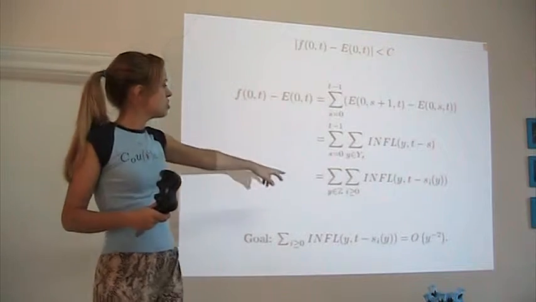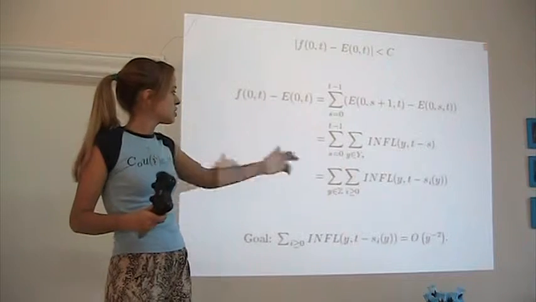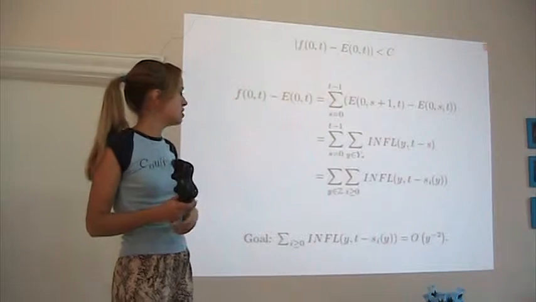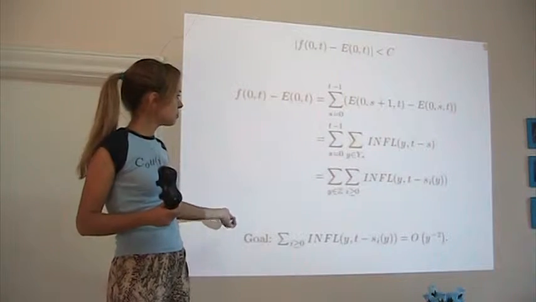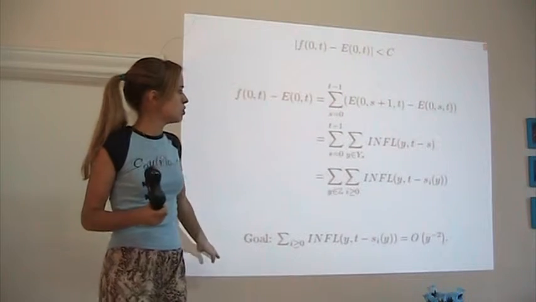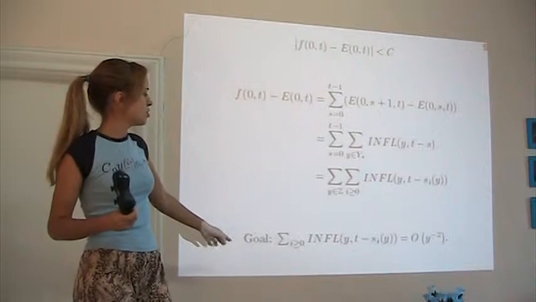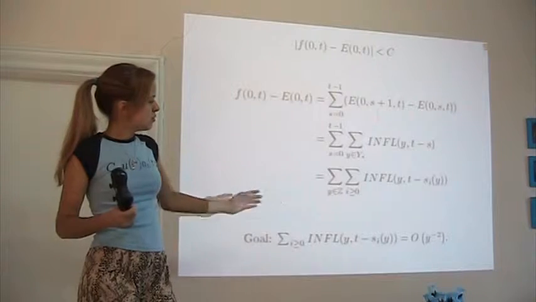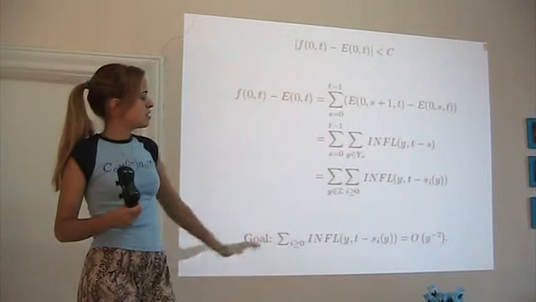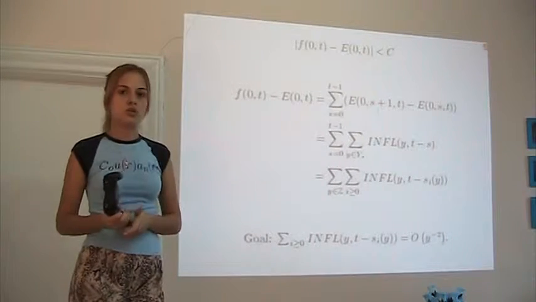And then we just change the order of the sums here, to sum in t first and then in y. And the goal throughout all the calculations is to show that that internal sum, the one in t, for a fixed y is smaller than y to the minus 2.